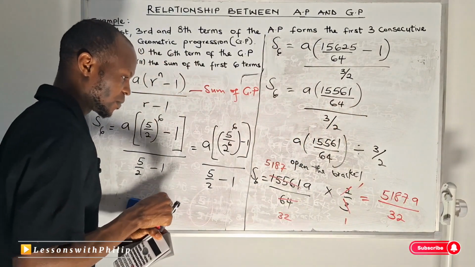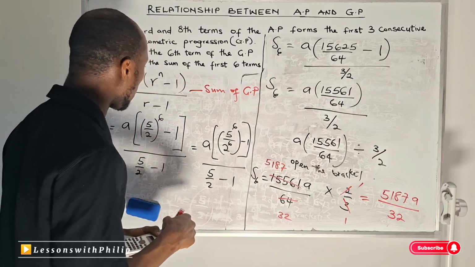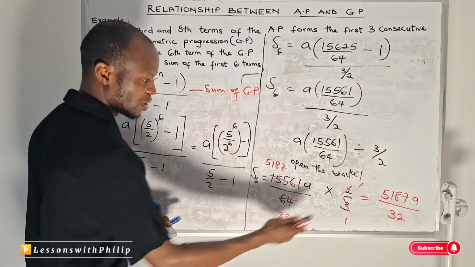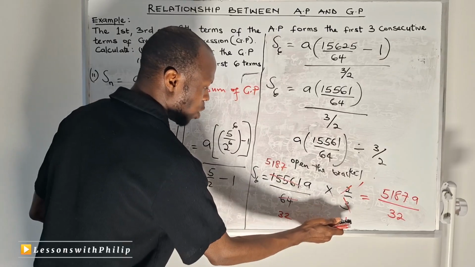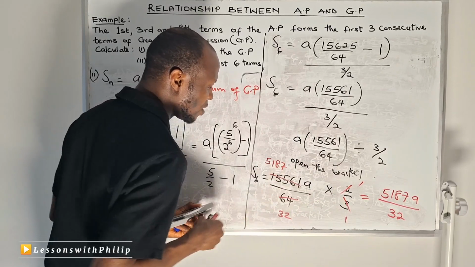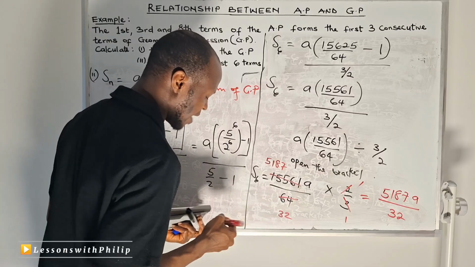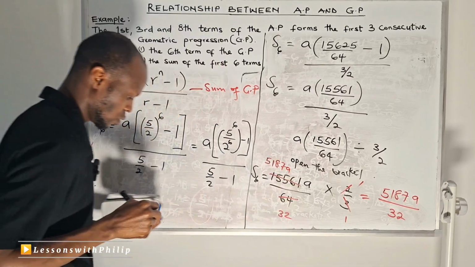All right? That will be the value of my sum of my 6th term. Okay? 2 into 64 is 32. 3 into 15561A will give me 5187A.